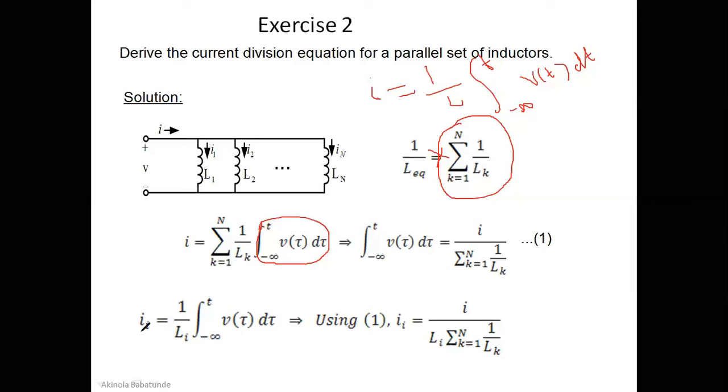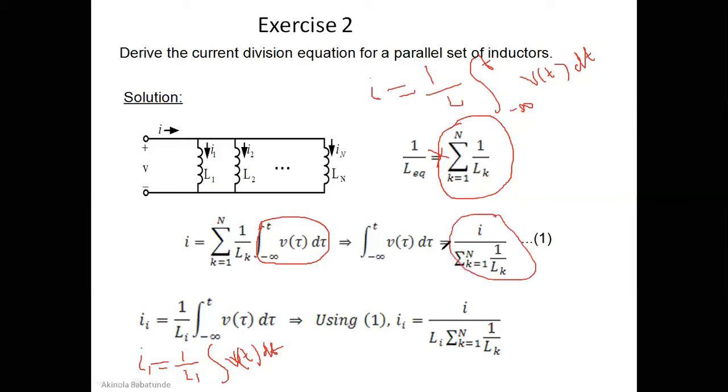So let's say our i is 1, that means we can have I1 here will be equal to 1 over L1 integral of minus infinity of v of t dt. Basically, that's what you're going to have. So if you rearrange that, what you will see here is we had said that integral of v of t dt is equal to this from equation 1.